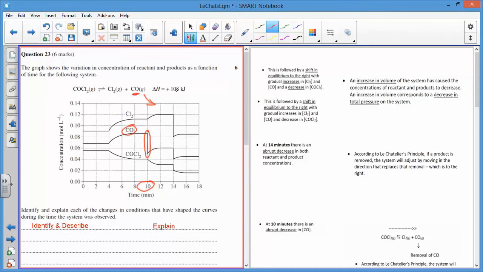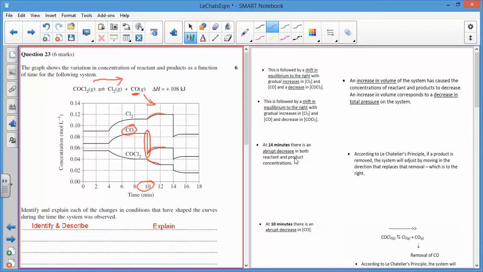According to Le Chatelier's principle, if you remove one of the reactants, the system wants to counteract that change and replace it, so it wants to drive the reaction to the right. And this is evidence on the graph where you've got this corresponding increase in concentrations of the products with the gradual decrease in concentration of the reactant.